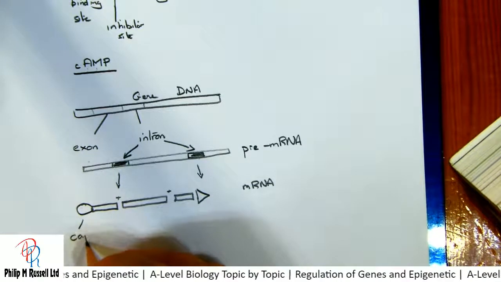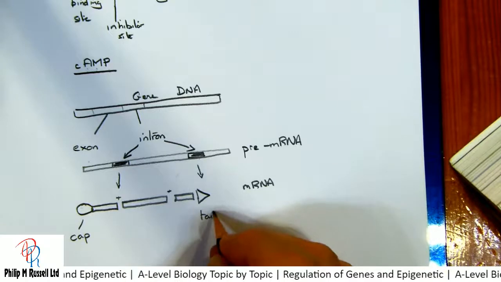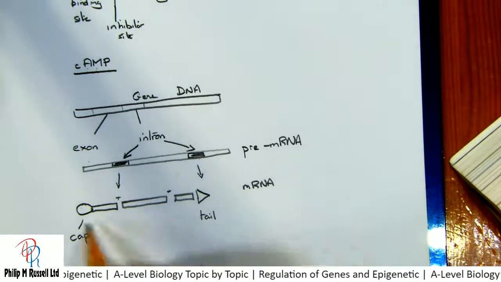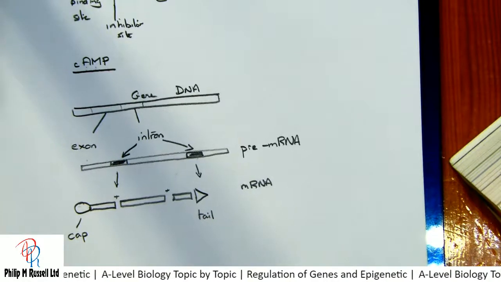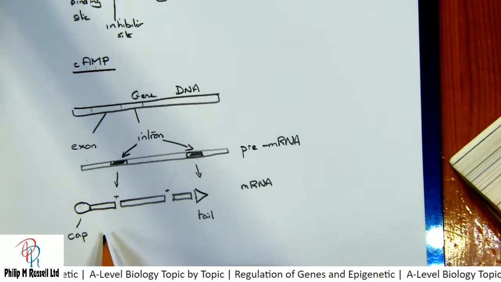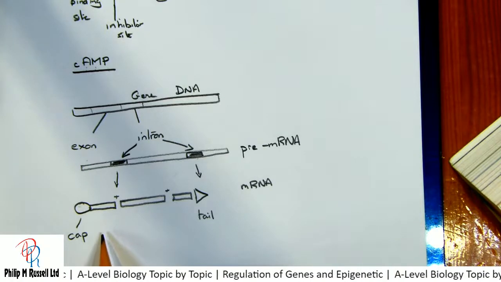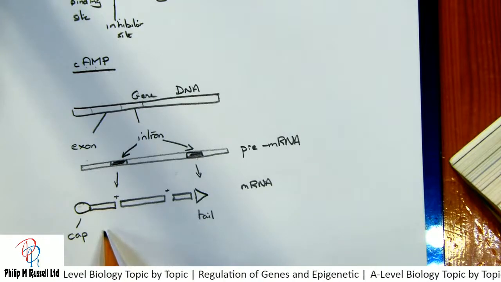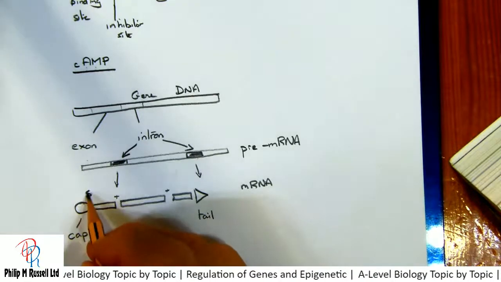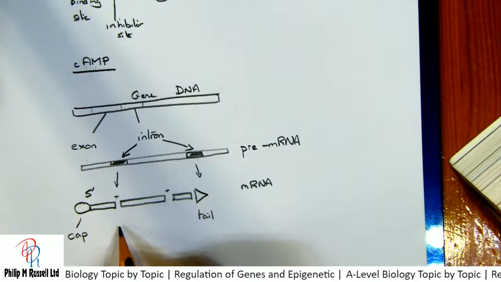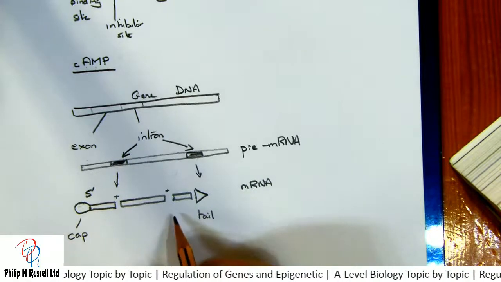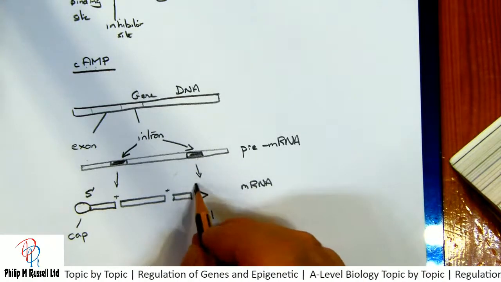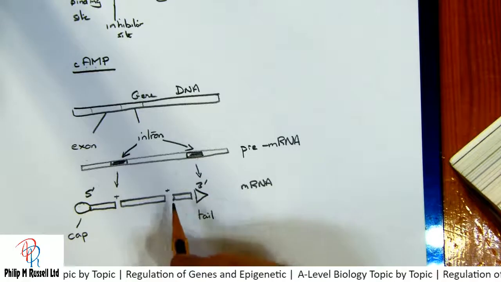One end we have something called a cap, and the other end we have something we'll call here a tail. I've drawn them funny shapes, but in fact they aren't significant, they're just so you can identify them. A cap, which is a modified nucleotide, is added to this 5' end, and the tail, which is a long chain of adenosine nucleotides, is added to the 3' end.